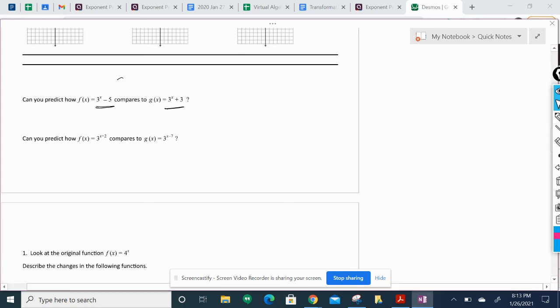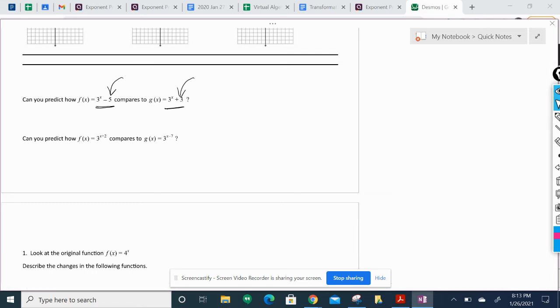And then what would this minus 5 do? Because that minus 5 is on the outside, Spider-Man is free to move. That means it would move the normal curve down 5. But then what would this one do? That plus 3 is on the outside, so it would move the normal curve up 3.